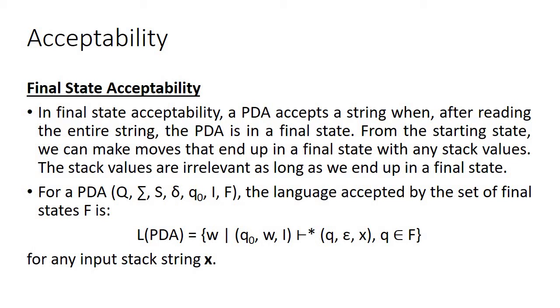That means that if we consume the input string completely and reach the final state without emptying the stack, because the stack is irrelevant in this situation, we can say that the input string has been consumed and we are standing at the final state. That means the input is accepted by the machine.